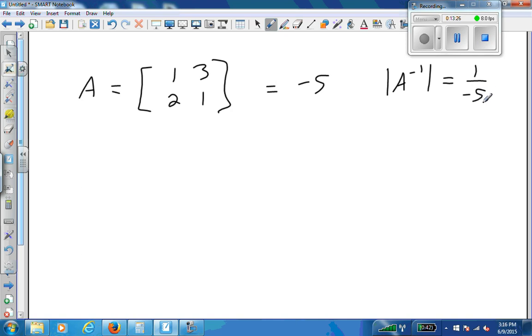Well, let's real quickly get A inverse. And remember, the shortcut for getting A inverse is to swap these, take the opposite of these, and then do 1 over the determinant here. So 1 minus 6 is negative 5.